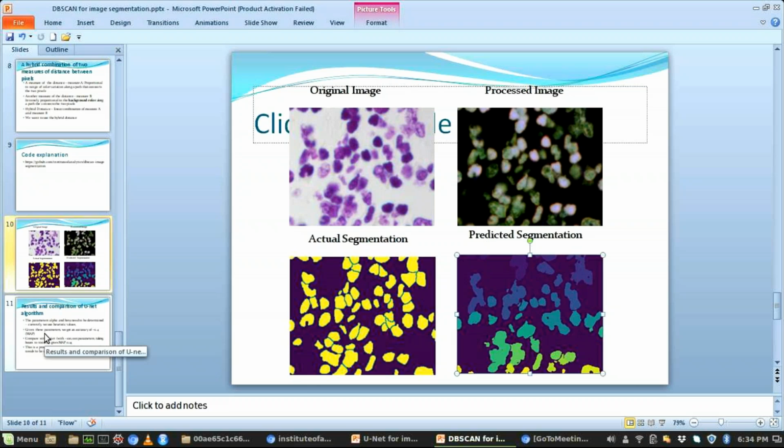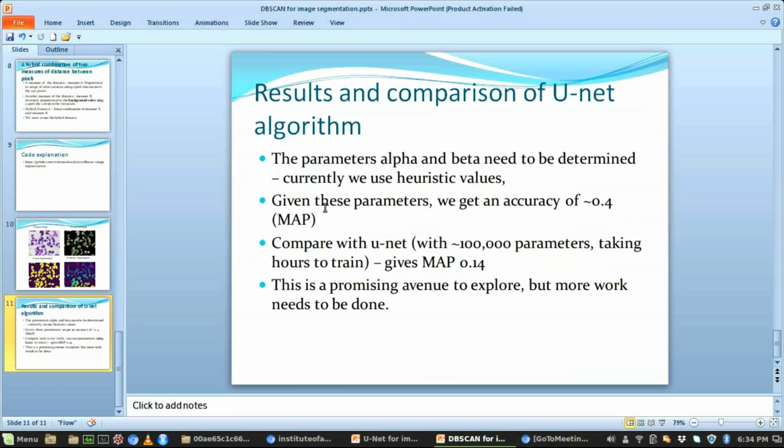First of all, for the parameters that we have currently, we need a model to generate them. Currently, we are just searching for the best alpha and beta to get the output, but finally we need a model to generate them. If you are able to generate the parameters, then you can get an accuracy of 0.4 in what they call mean average precision.